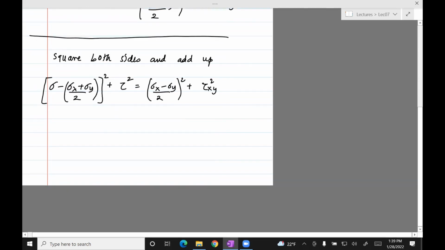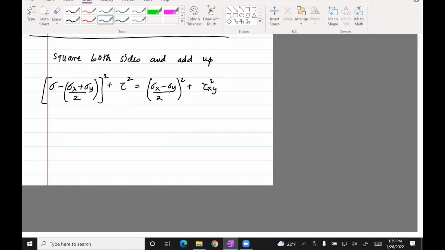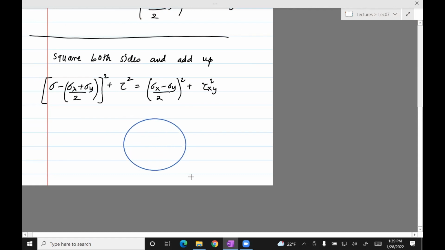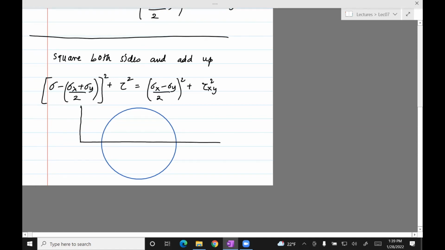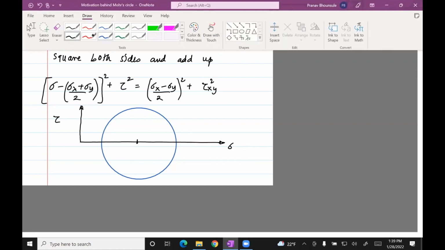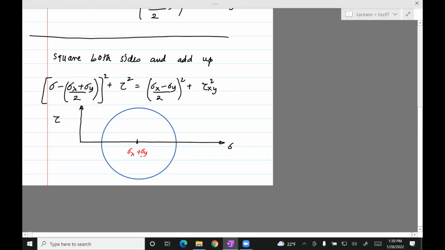So in other words, if you draw a circle like so, with sigma along the x-axis, tau along the y-axis, then the center of the circle is sigma x plus sigma y divided by 2, 0.